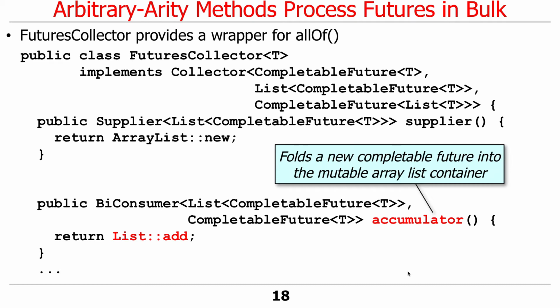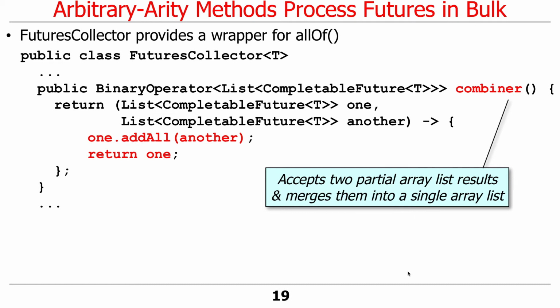That's pretty much identical to what you had. Here is the combiner. Well, gosh, that looks pretty much identical to what you had before too, right? You take one list of CompletableFuture to T, and you have another list of CompletableFuture to T, and you add one to the other. So you basically add the other at the end of one, and you return one.